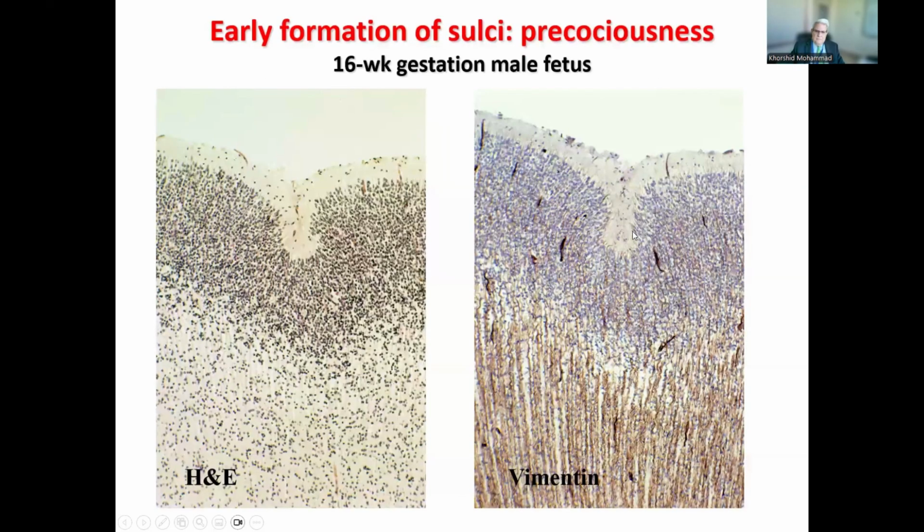But these are early sulci, and if you look at them histologically, you can see the early incipient formation of a sulcus here and gyri.